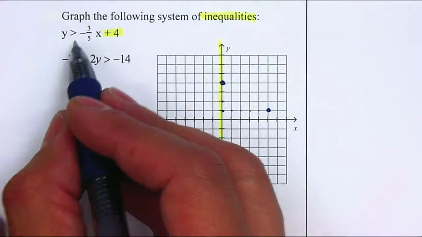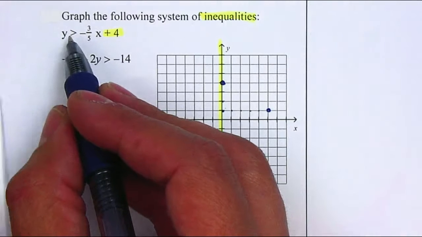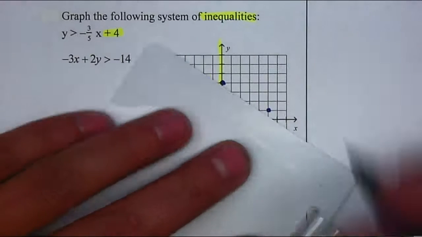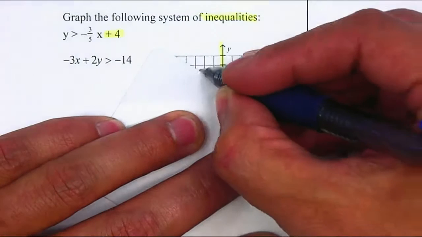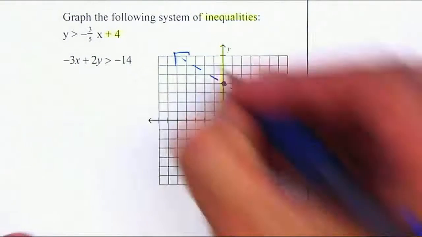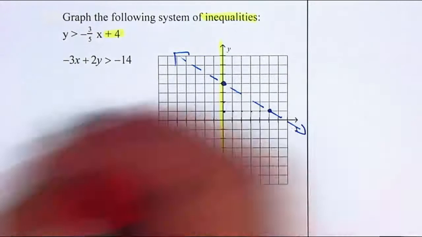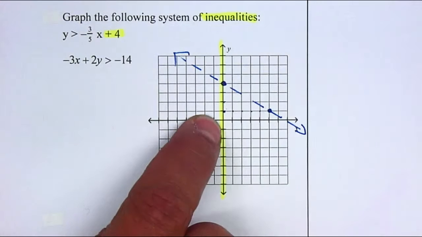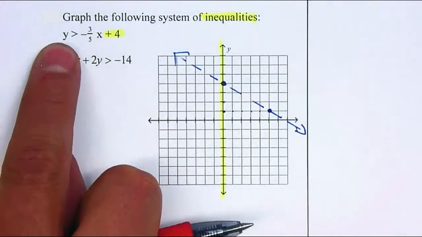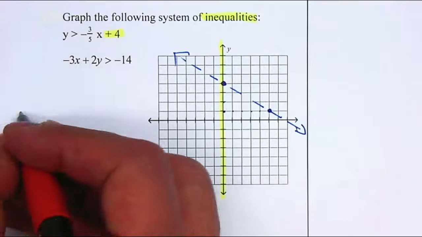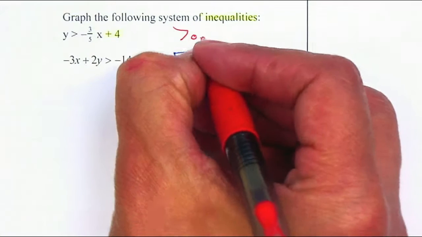Now we need to decide if it's going to be a solid or a dashed line. In this case it's greater than, it's not equal to, so it's going to be a dashed line. And I need to decide if I'm going to shade the low side or the top side. There's a different way of doing it: you can plug in 0, 0 to determine if it's a solution, or we can just see that if it's greater than, it's going to be the top.